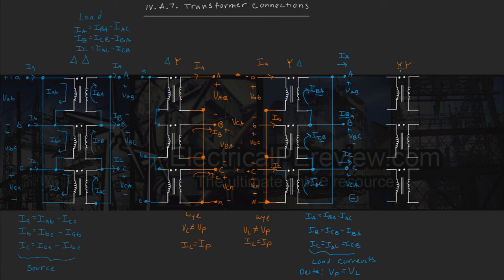Okay, last one, our Y source to our Y load. Let's connect the bottom leg of each transformer to form our star or Y point right here. Let's show both of our neutrals right here for the load and here for the source.